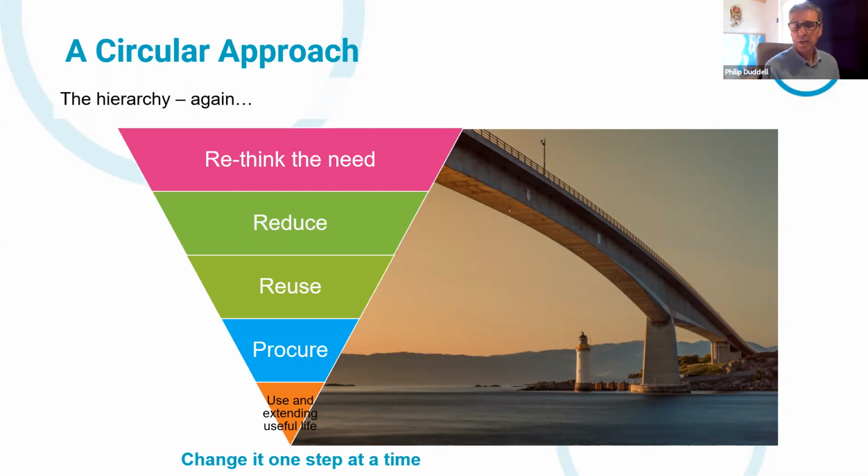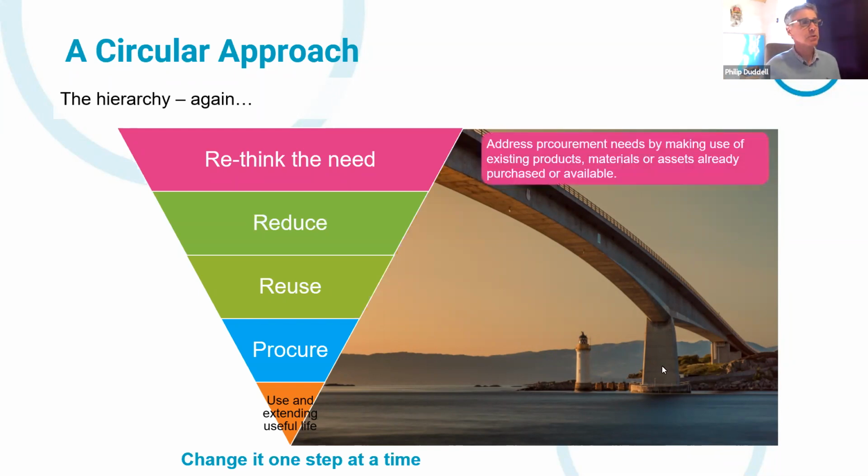Otherwise, reduce. Again, Mervyn went through the hierarchy yesterday. Can we refurbish, repair existing products rather than buying brand new? There's the opportunity there potentially. That leads to possible discussions with the market about the services that may be available to be able to repair, refurbish products, equipment, etc. And again, can we satisfy needs making use of existing, reused, or refurbished products?